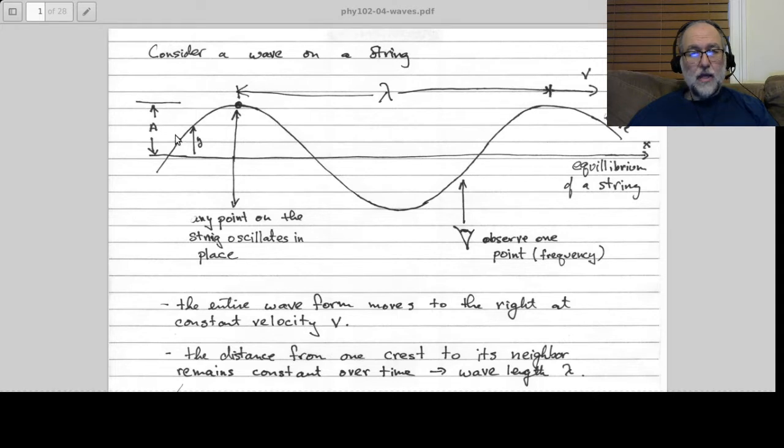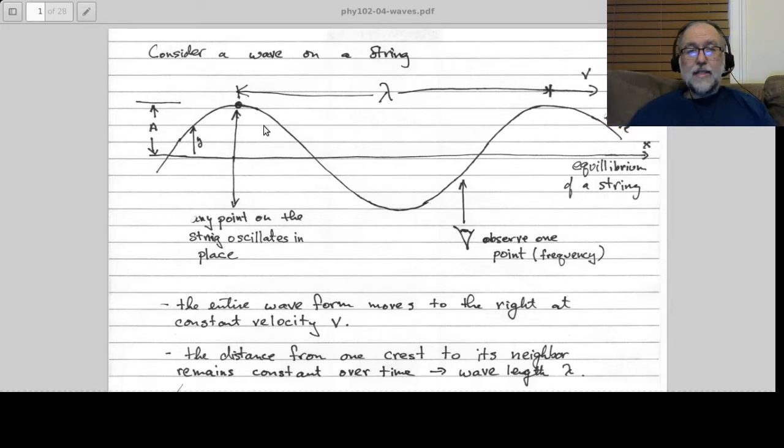If you were to follow the motion of any one of those molecules, imagine you have a white string and you put a little red dot on it, and you just watch the motion of that dot on the string, you'll see that the dot will move up and down. It actually does simple harmonic motion up and down.